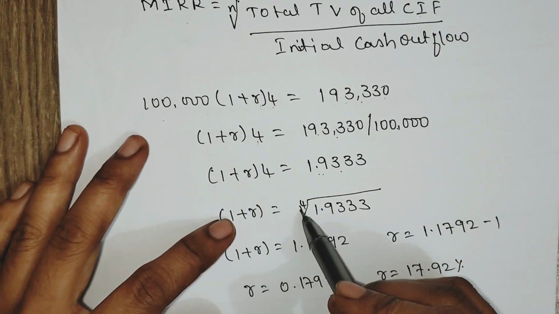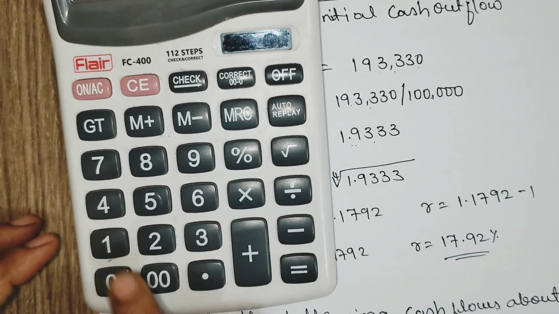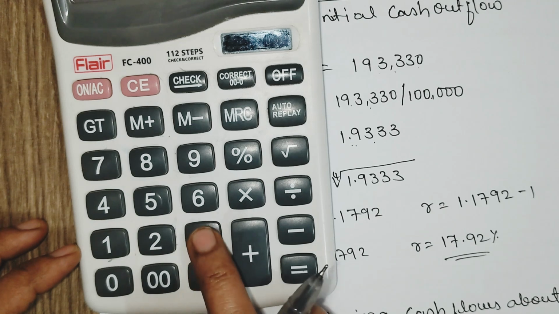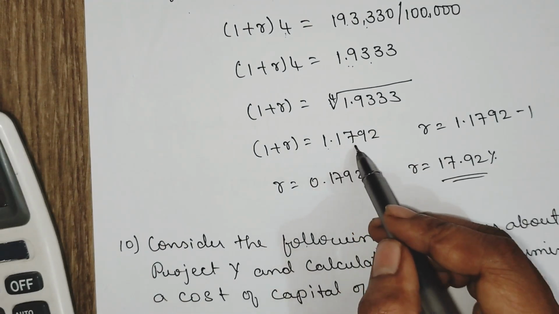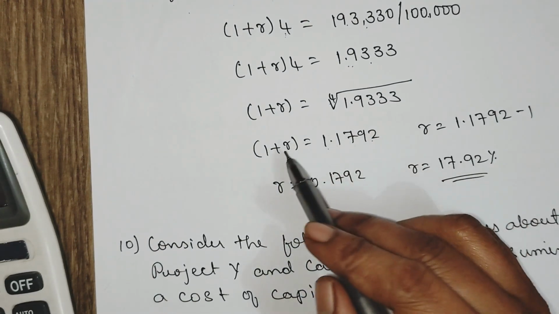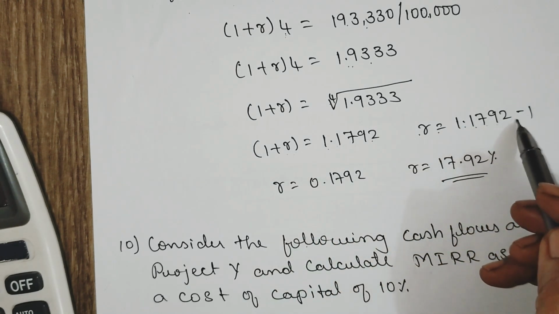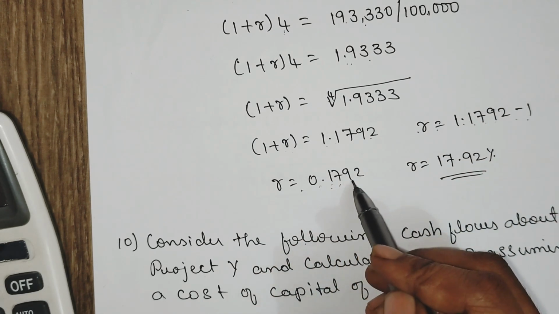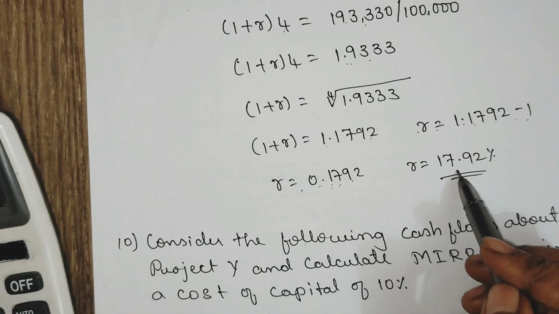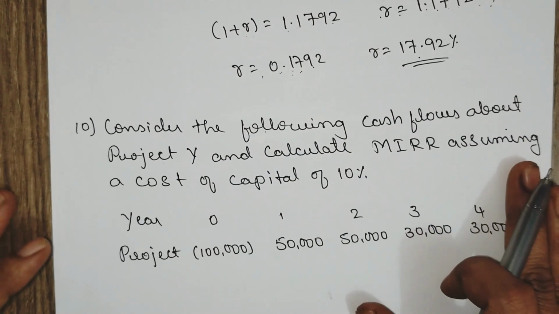Now we take the square root, in your calculator press square root of 1.9333 two times, and you get 1.1792. Now we need to find R. R is 1.1792 minus 1, which is 0.1792, into 100 gives 17.92. This is the MIRR. We'll understand with one more question.